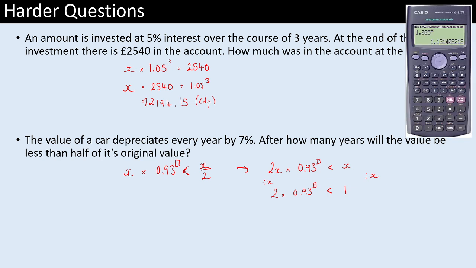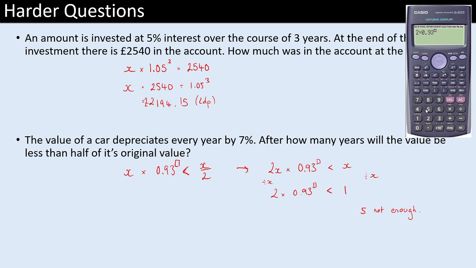And all I'm going to do now is I'm just going to try a value and see what happens. So 2 times 0.93 to the power of, let's try 5. That gives me 1.391. So 5 was not enough. Okay. So we need to try again.